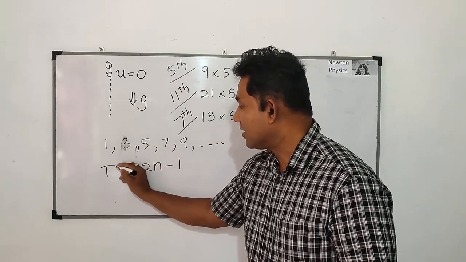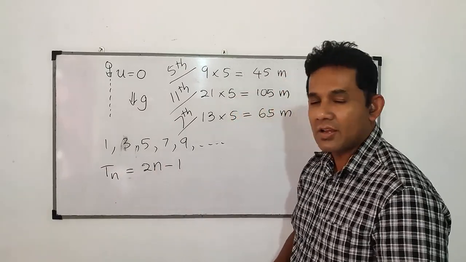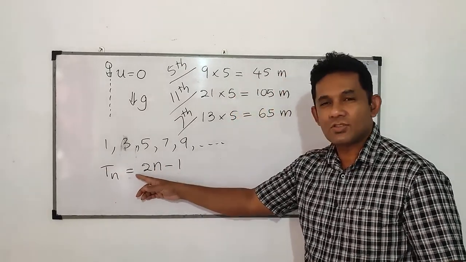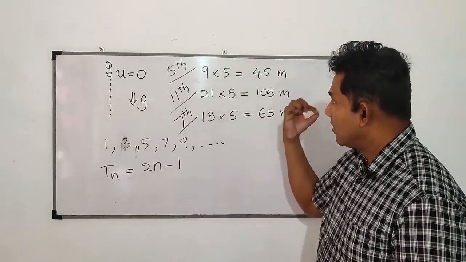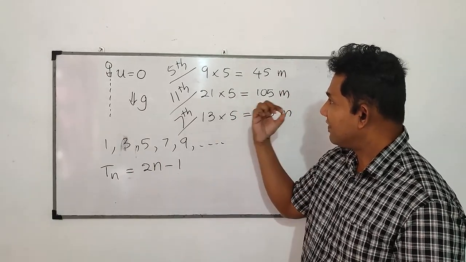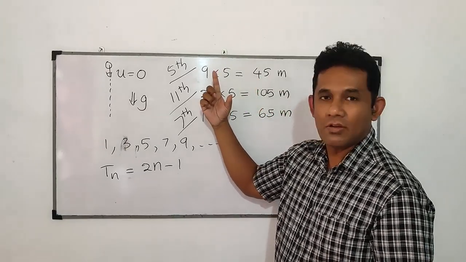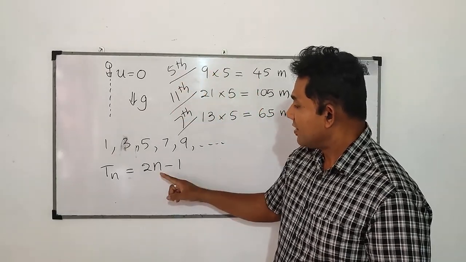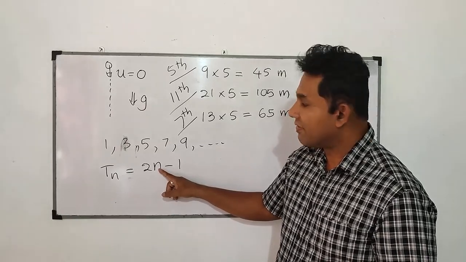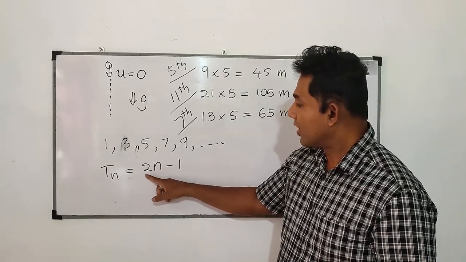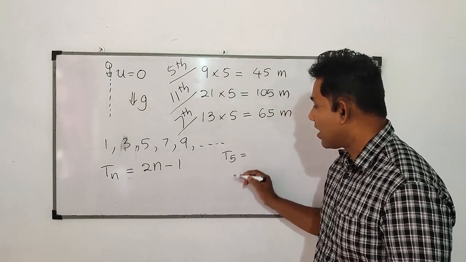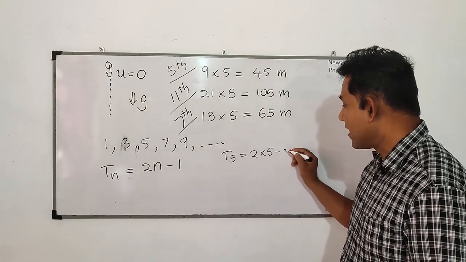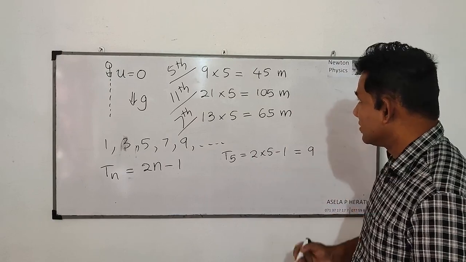If I am taking the nth term, then Tn equals 2n minus 1. Now think about the 5th odd number. You can apply 5 instead of n here. I am taking T5. It becomes 2 into 5 minus 1, which is 9.